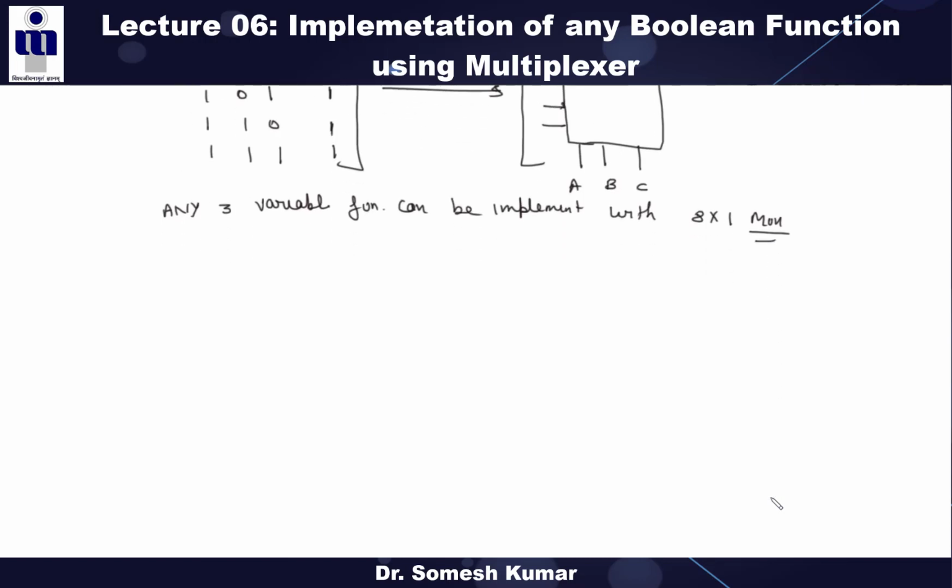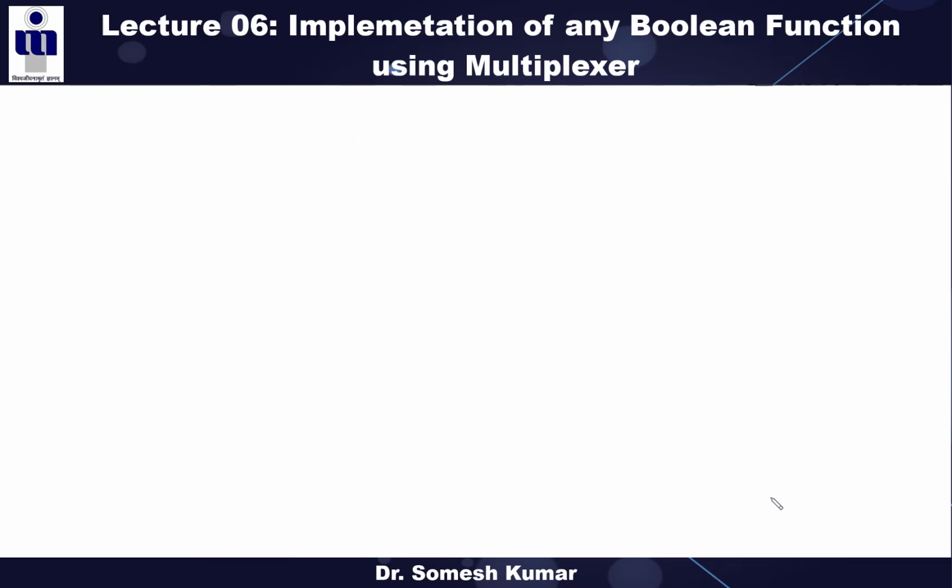You will understand all these facts using these examples. The next example I want to take here is a question you can try at your home: implement a full adder using 8:1 mux, right? You can easily implement the full adder now.